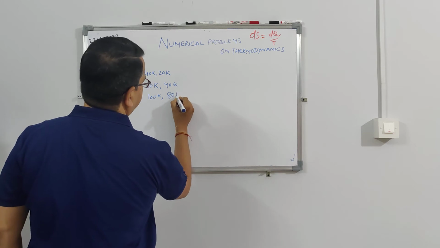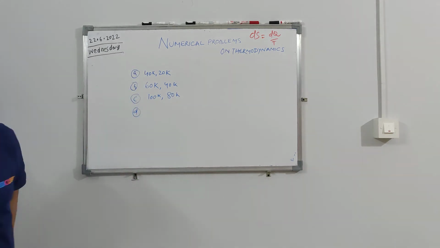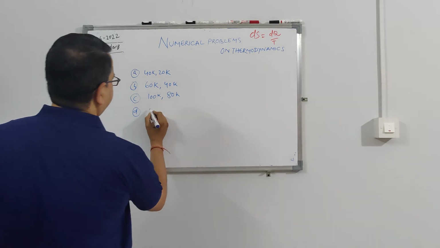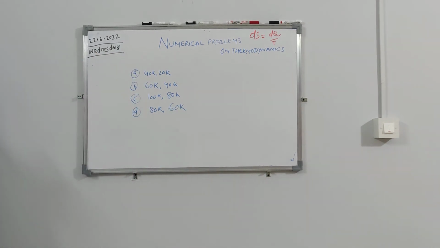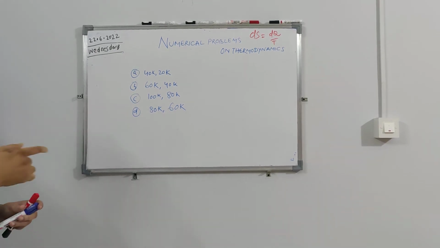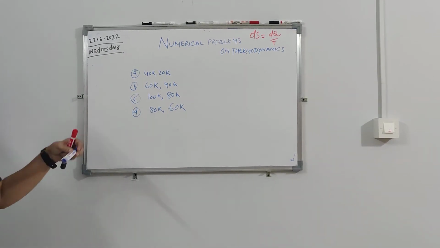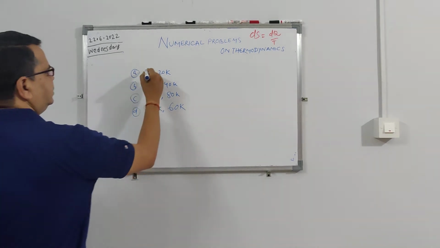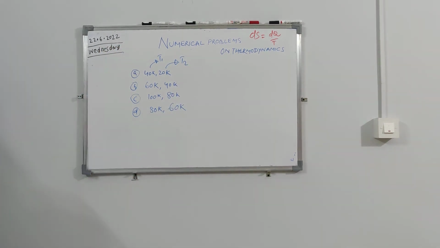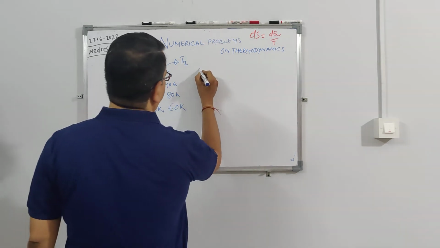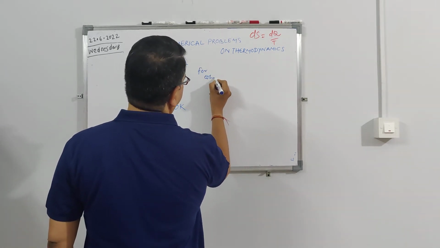And option D is 80K, 60K. These are the combinations of temperature of source and sink. The higher temperature will always be the source, the lower temperature will always be the sink, so this will be your T1 and this will be your T2.